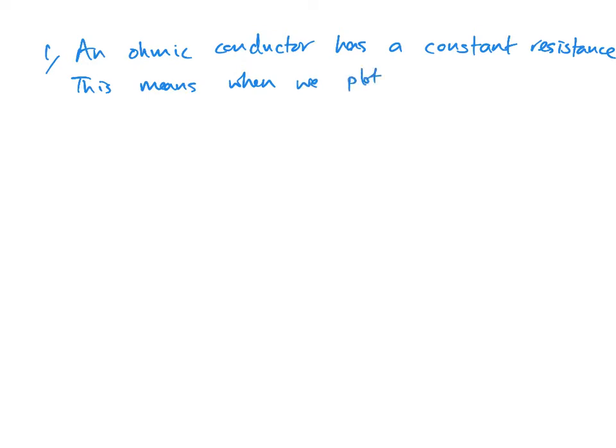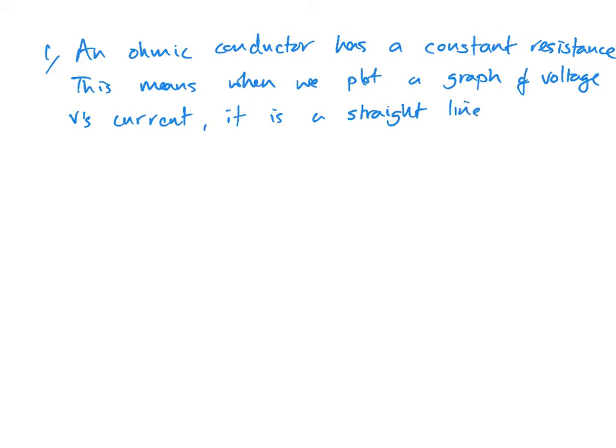Right, this means when we plot a graph of voltage versus current, it's a straight line through the origin.